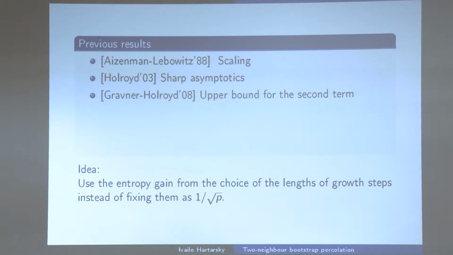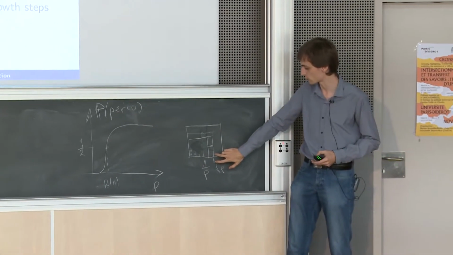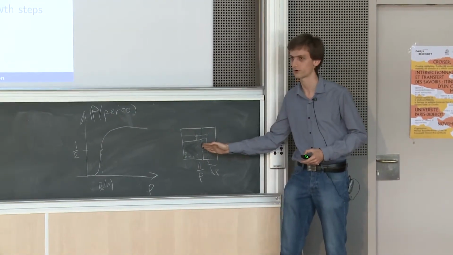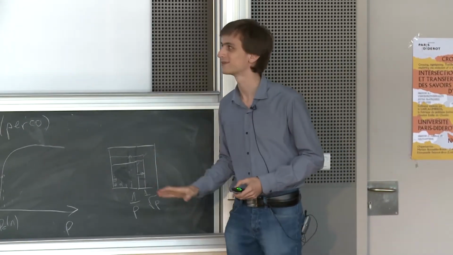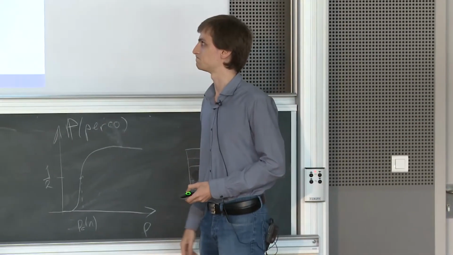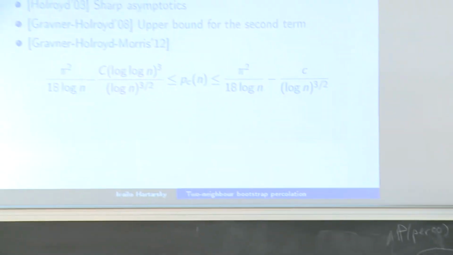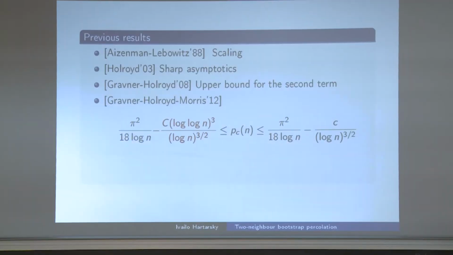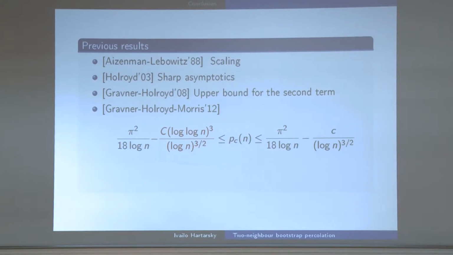Essentially here, instead of when you work 1 over root p, you don't fix 1 over root p, but you allow an arbitrary choice up to 1 over root p, and you're a bit more careful, and you manage to get that thing out of the entropy that you gain here. What was much more subtle was this lower bound, which is almost matching. Here you see the same 3/2 exponent, but you don't see a 1 on the top.